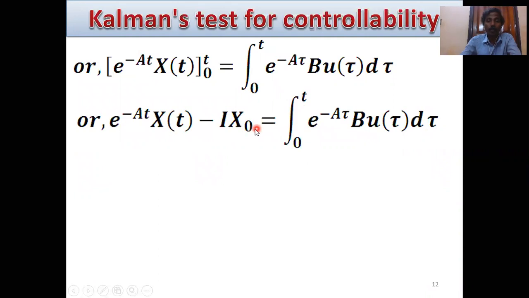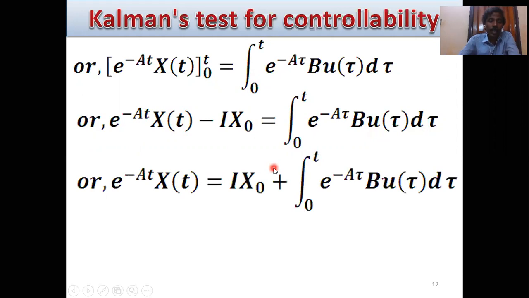Then we get, left-hand side e^(-at) x(t) from 0 to t, and right-hand side 0 to t e^(-a tau) b u(tau) d tau. On the left-hand side, the first value at the upper limit is e^(-at) x(t), and the second value is e^(-0) x(0), and e^(-0) means identity matrix, so it is I x0. The right-hand side is the same.